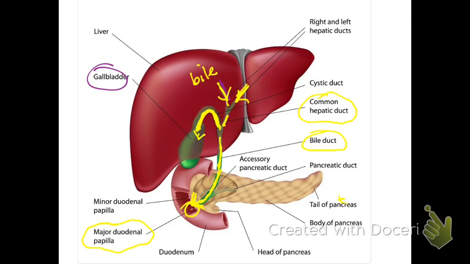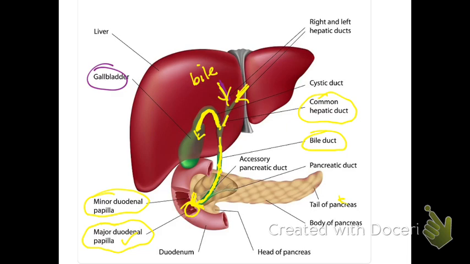Now, there's always a little bit of this bile being released through this minor duodenal papilla. So the minor duodenal papilla is always releasing and receiving the bile. The major duodenal papilla is more hormonally controlled.